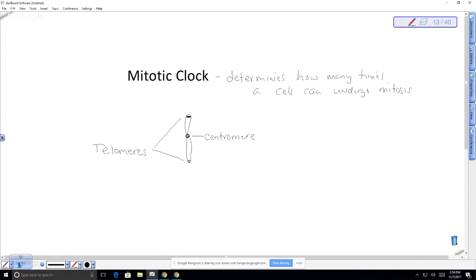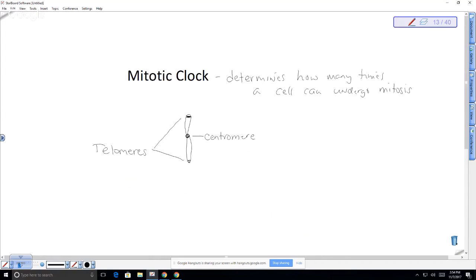And so what happens is every time the cell undergoes mitosis, it loses some of the DNA off the ends of its chromosomes. So it's counting down, and when it has no more telomeres present, it will stop dividing, right?